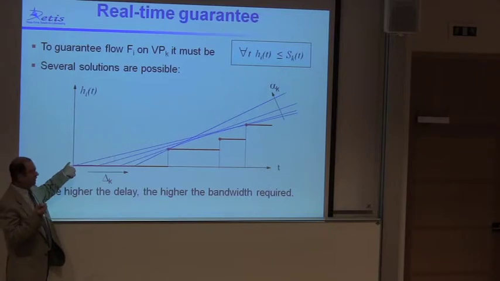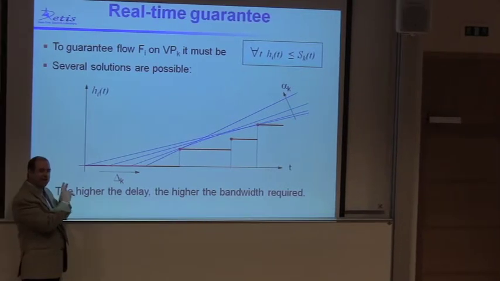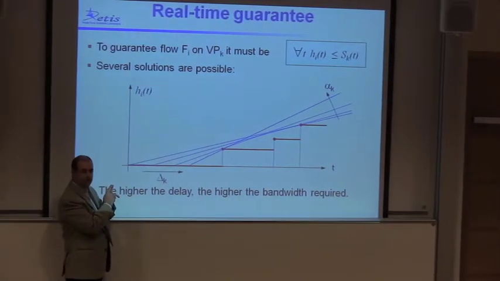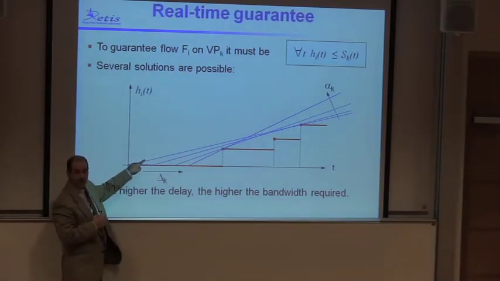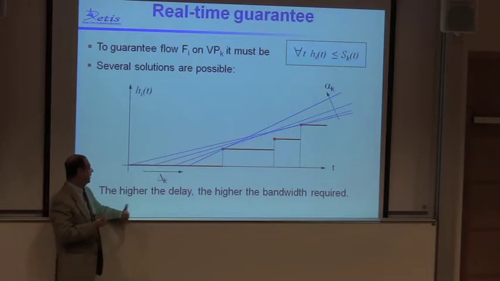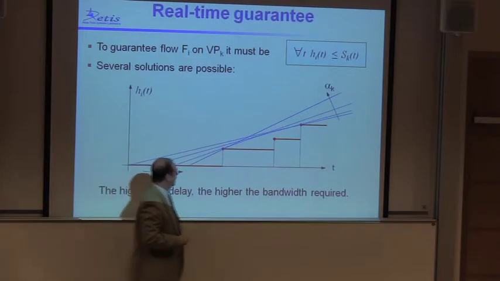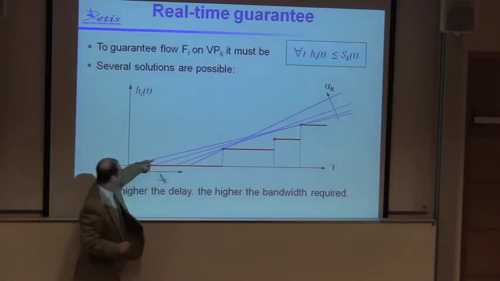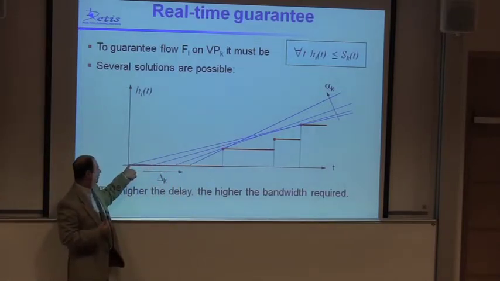This means an infinitely small period. So in order to achieve this service, I need to implement a reservation with infinitely small period, which is basically impossible, or it requires too high an overhead to switch between. So this ideally is the best one, but is the most expensive one in terms of overhead.